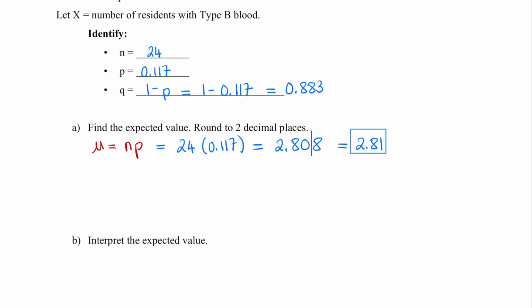Now let's interpret the result. Remember that an expected value represents a long-run average. This means that if we repeatedly selected random samples of 24 Connecticut residents, we would expect an average of about 2.81 residents in each sample to have type B blood.